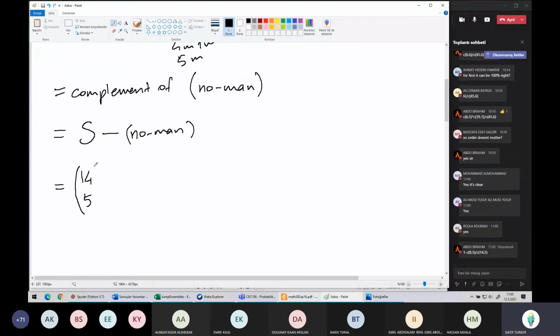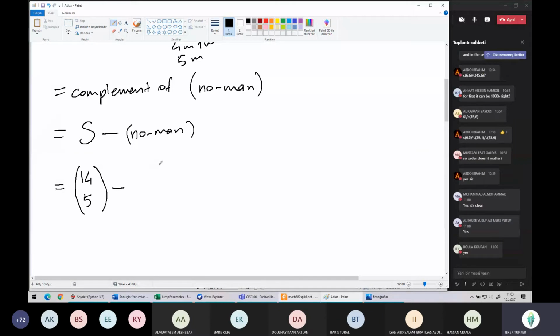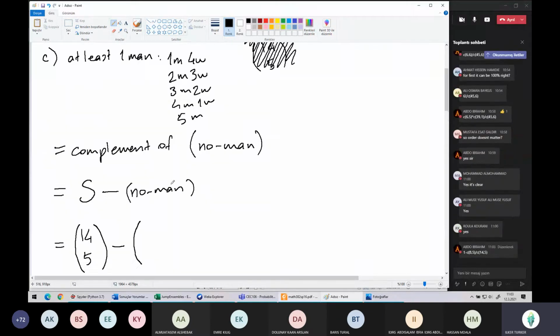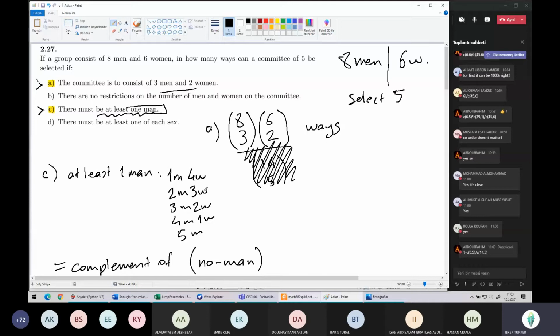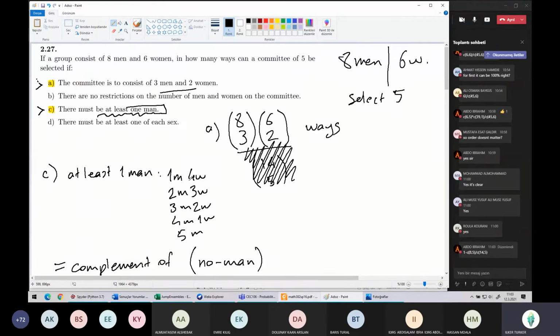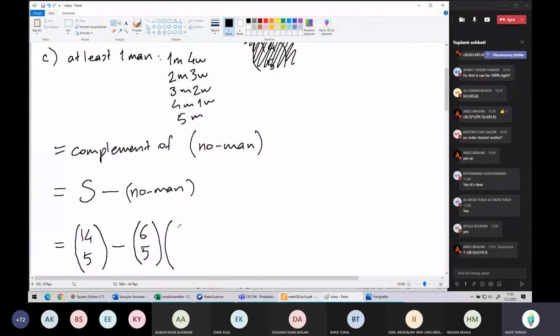We select 5 people from 14, minus no man. All of them are women: a committee of 5 from 6 women. And no man. How many men do we have? 8 men. 0 from 8 men.